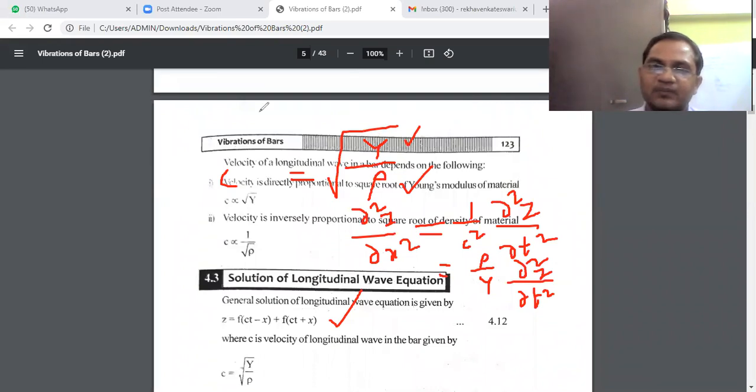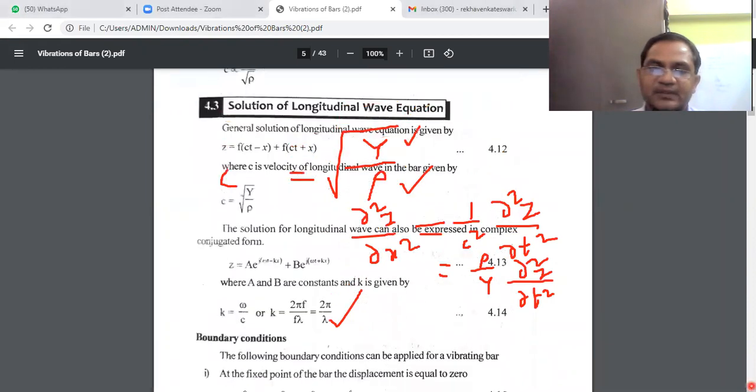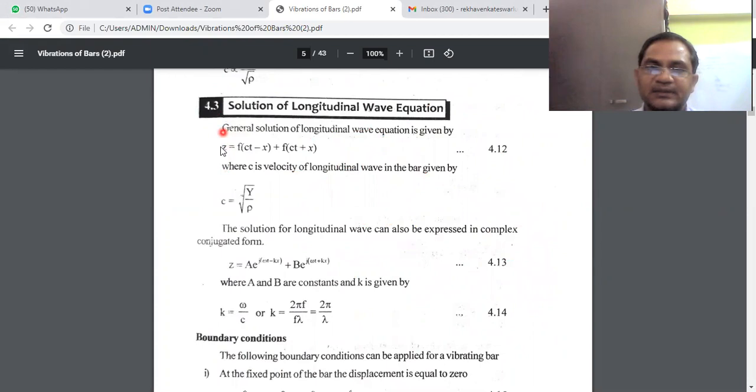Now, this is the general solution. The solution for the longitudinal wave can also be expressed in complex form, that is, z is equal to A e^(j(ωt − kx)) plus B e^(j(ωt + kx)).